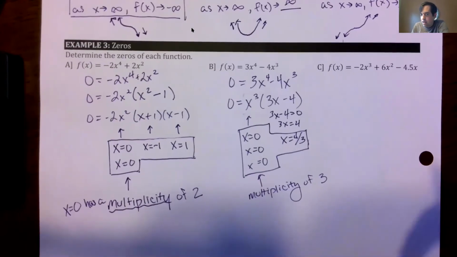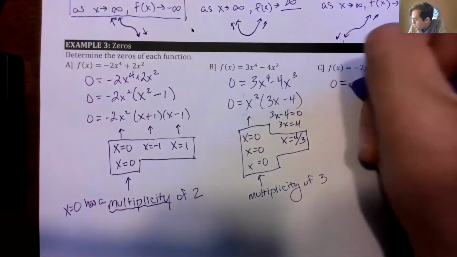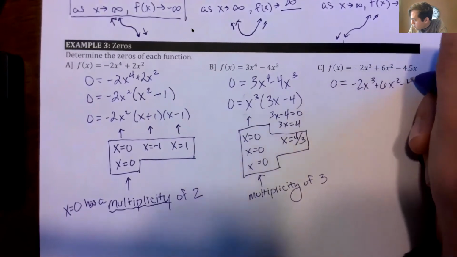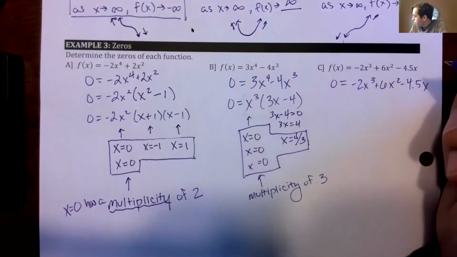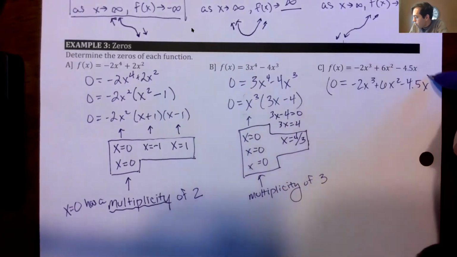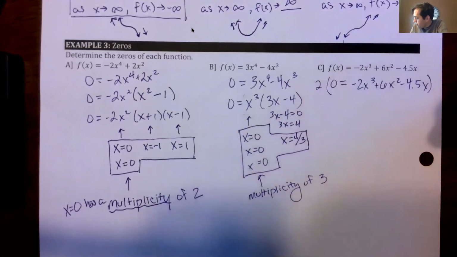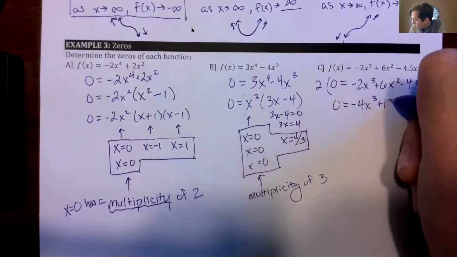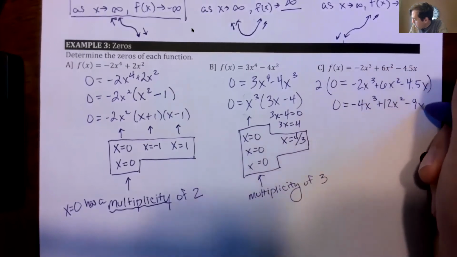All right, let's take a look at the last one. 0 equals negative 2x cubed plus 6x squared minus 4.5x. I'm going to deal with that decimal right now and multiply everything by 2, so I can hopefully get rid of that. So I'm left with 0 equals negative 4x cubed plus 12x squared minus 9x.